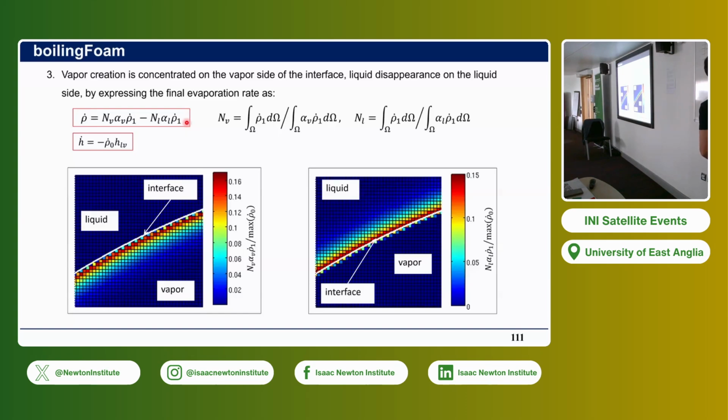So if, let's say here you have these velocity vectors, in the vapor you should have very high velocity vectors because the vapor is much lower in density. Now, with the smoothing method, you would have a layer of cells where you have this increase in velocity. But physically, it shouldn't happen.